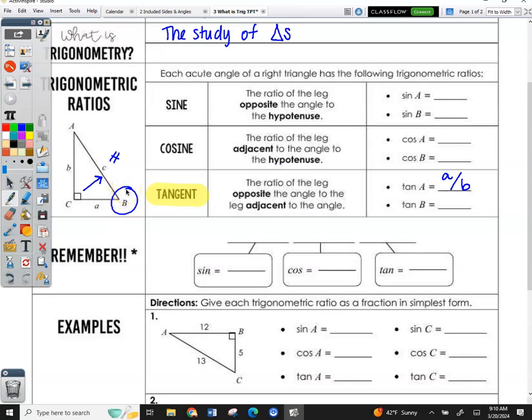What about from angle B? What is the side opposite of angle B? Little b. Do you notice that? And then what's the side adjacent? Little a. So, from angle B, the trig ratio for tangent would be little b over little a.